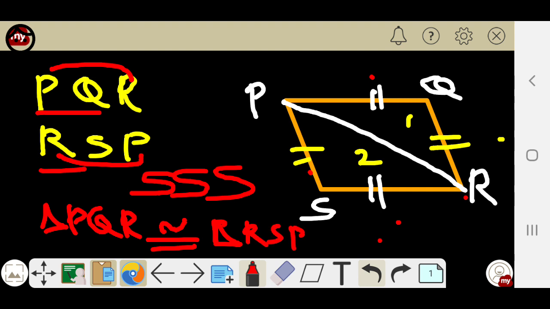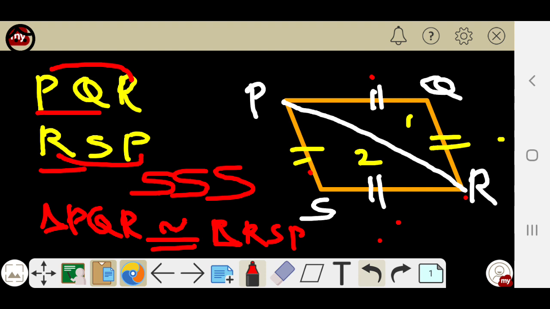Triangle PQR is congruent to triangle RSP. Yes, that means in this quadrilateral, the diagonal divides it into two congruent triangles. We already studied that in the parallelogram, the diagonal divides it into two congruent triangles.